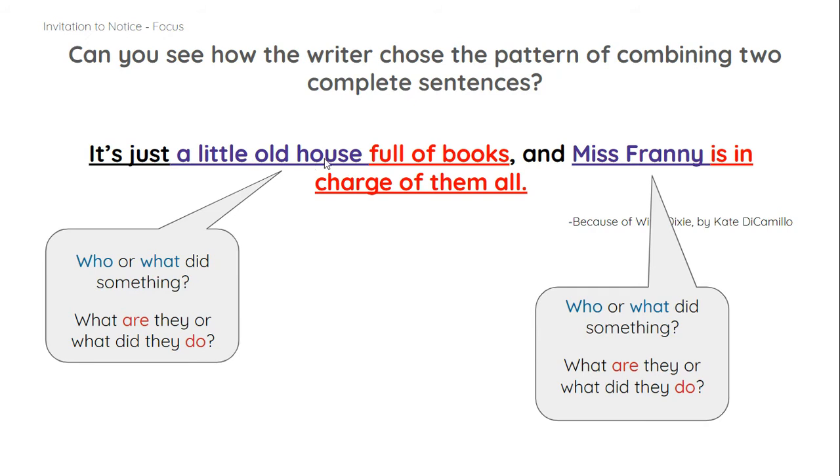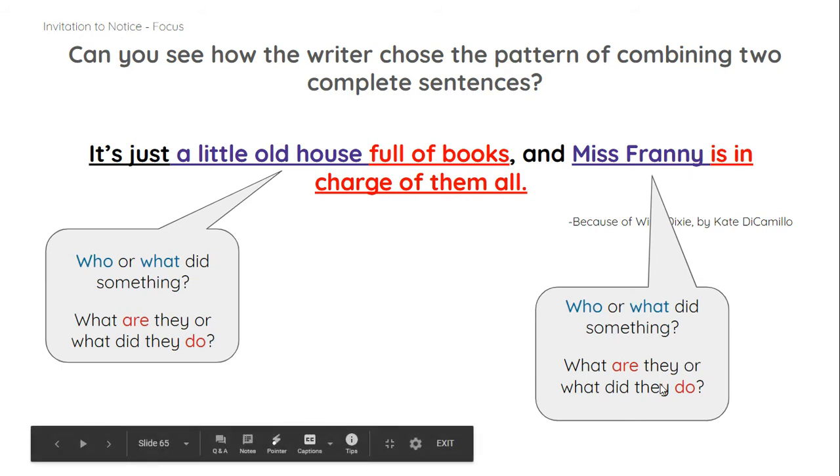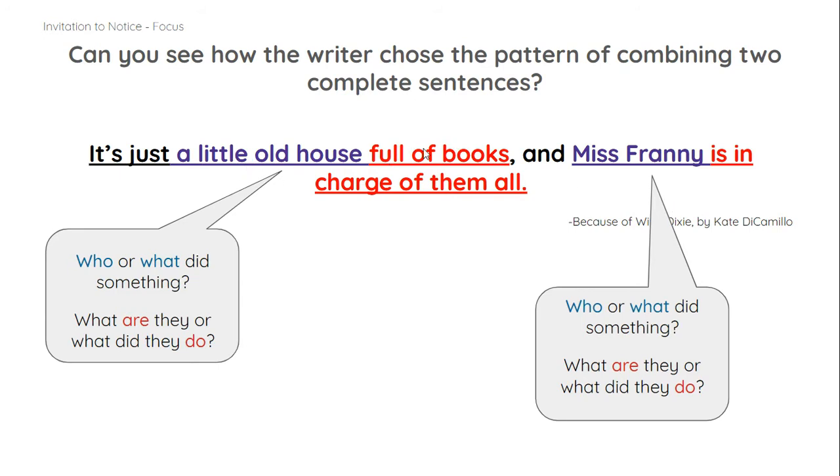A little old house is full of books. Miss Franny is the who or what here, is in charge of them all is what are they or what did they do. Okay. Subject, verb, subject, verb.